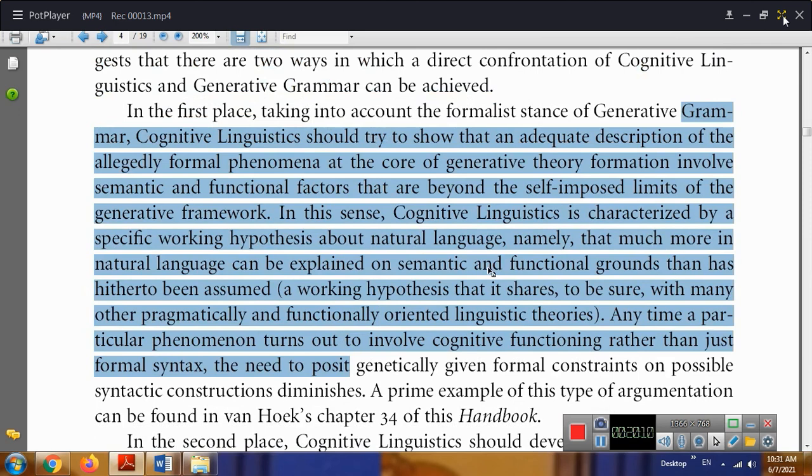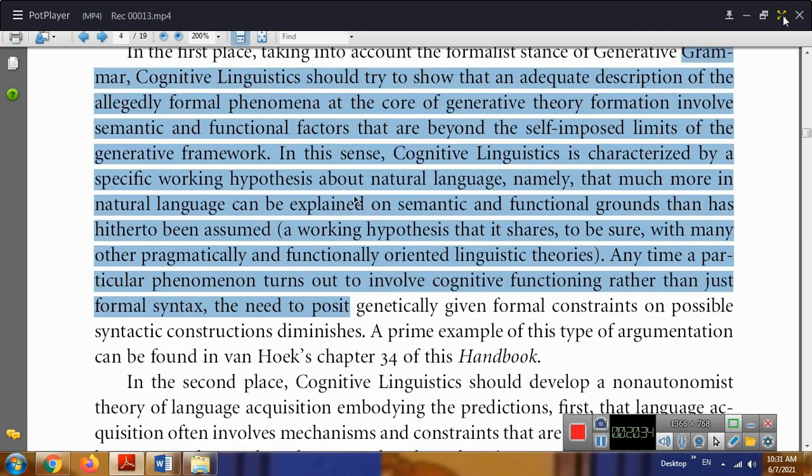In the first place, taking into account the formalist stance of generative grammar, cognitive linguistics should try to show that an adequate description of the allegedly formal phenomena at the core of generative theory formation involves semantic and functional factors that are beyond the self-imposed limits of the generative framework.